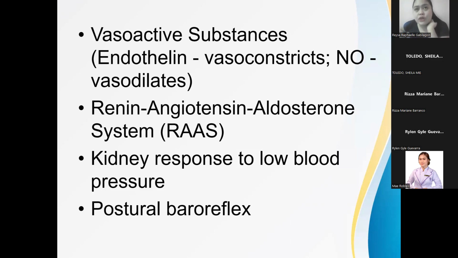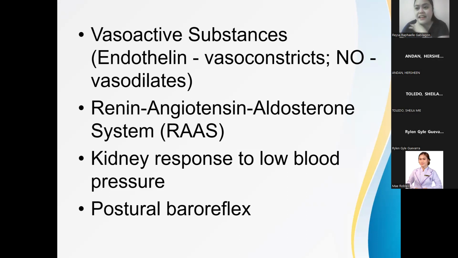Yung mga ACE inhibitors natin, yun yung mga drugs na nag-e-end sa pril. Like captopril, perindopril, fosinopril, basta nag-end sila sa pril. And then yung ARBs natin, yun yung mga drugs na nag-end sa... Are you familiar with the ARBs?